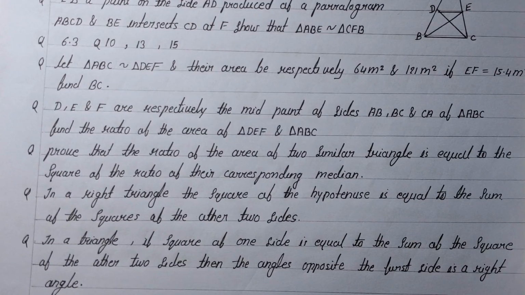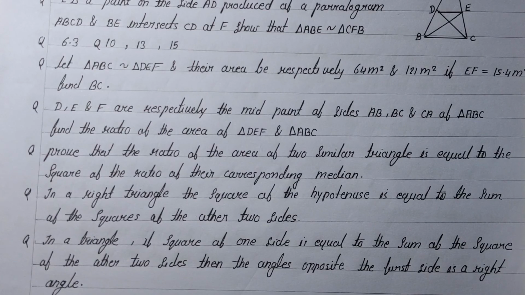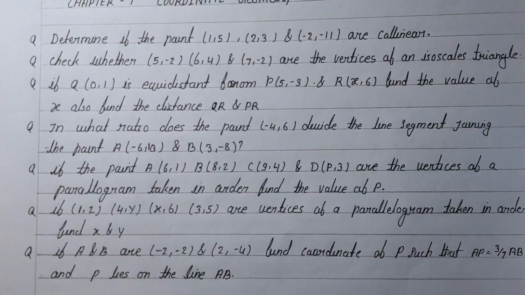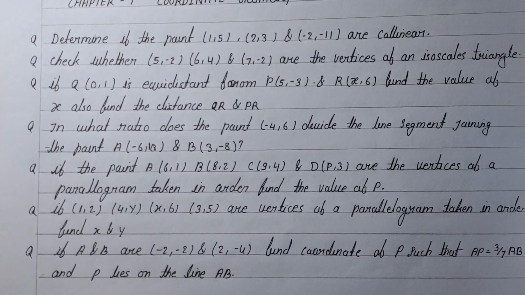Next, in a triangle, if the square of one side is equal to the sum of the squares of the other two sides, then the angle opposite the first side is a right angle. Next, chapter 7, question first.